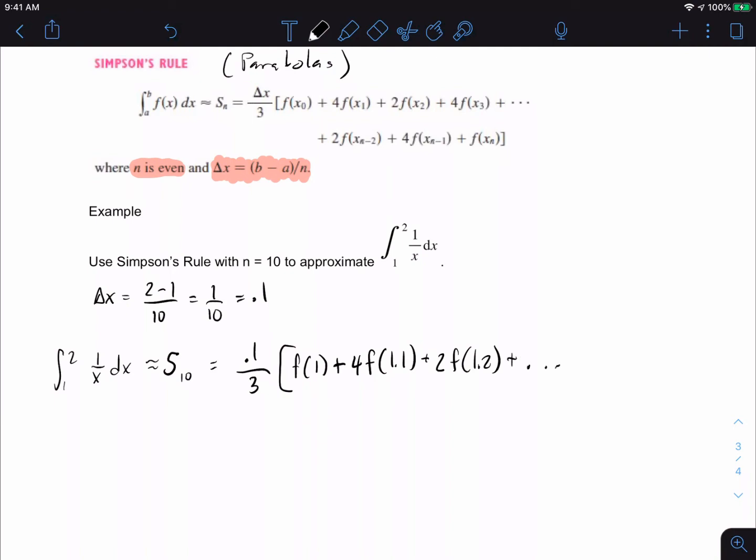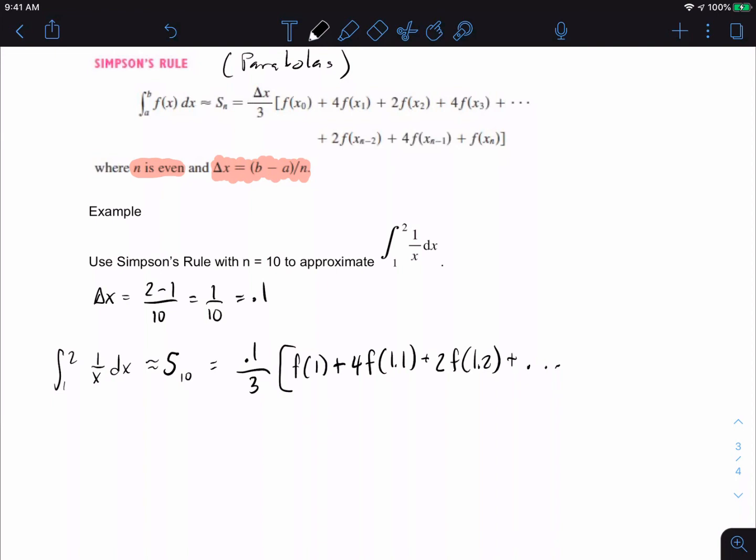And you guys get the pattern, right? So then it's going to be... Or do you want me to write them all down? It's okay if you want me to. No, you said it's up to 2, right? Yeah, it goes 4, 2, 4, 2, 4, 2, 4, 2. So f of 3 would be 4, f of 4 would be 2, f of 5 would be 4, f of 6 would be 2, f of 7 would be 4.